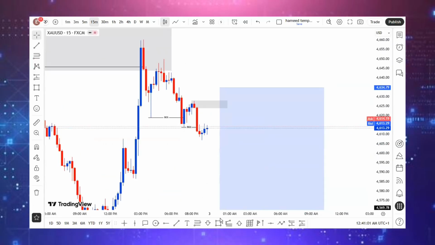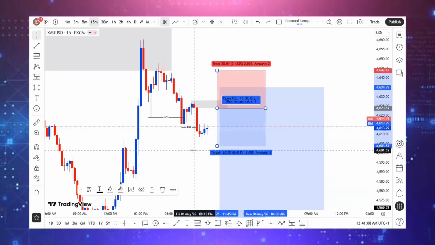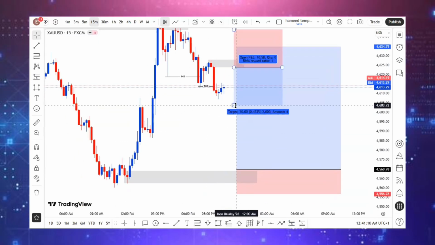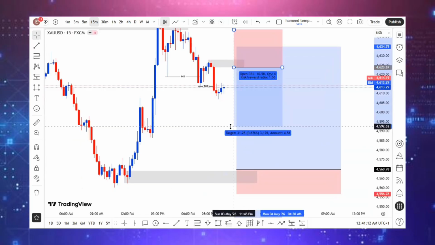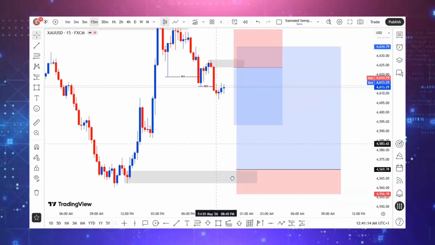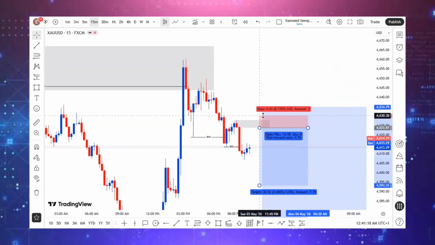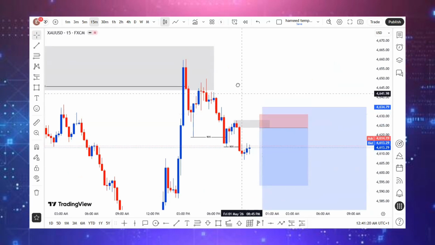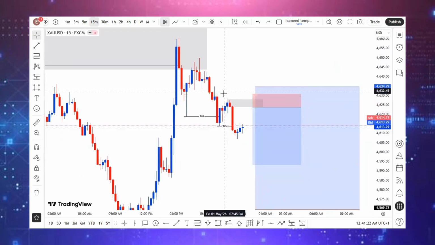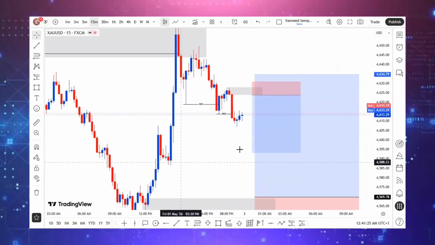So this is a sell opportunity to the downside here. So we can just join the sell from here and bring it down here just to see what will happen when market gets to this level.